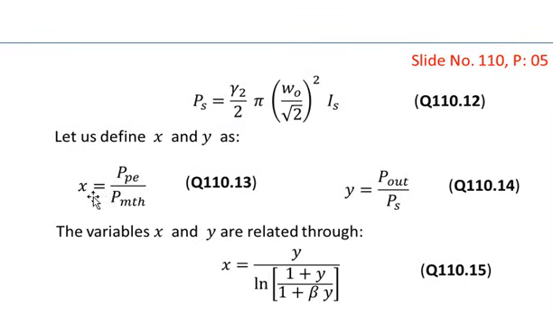This is x goes to 1 only when this P minimum, the threshold value of the pump power, is equal to the electrical power to the pump. So if these two terms are very close to each other, we have x goes to 1. But x can exceed 1, and x could be much larger depending upon the value of P PE. That is, if the electrical power to the pump is much larger, then of course x will be much larger.